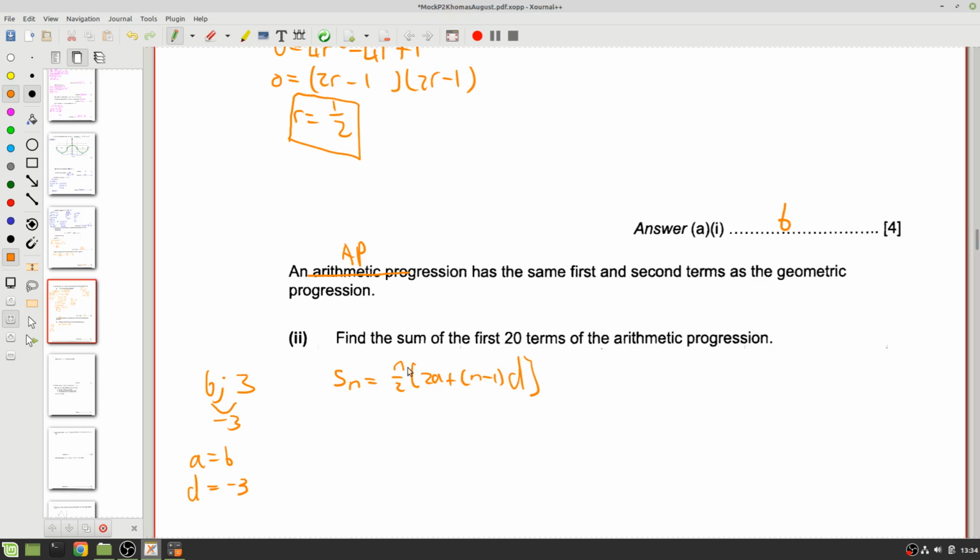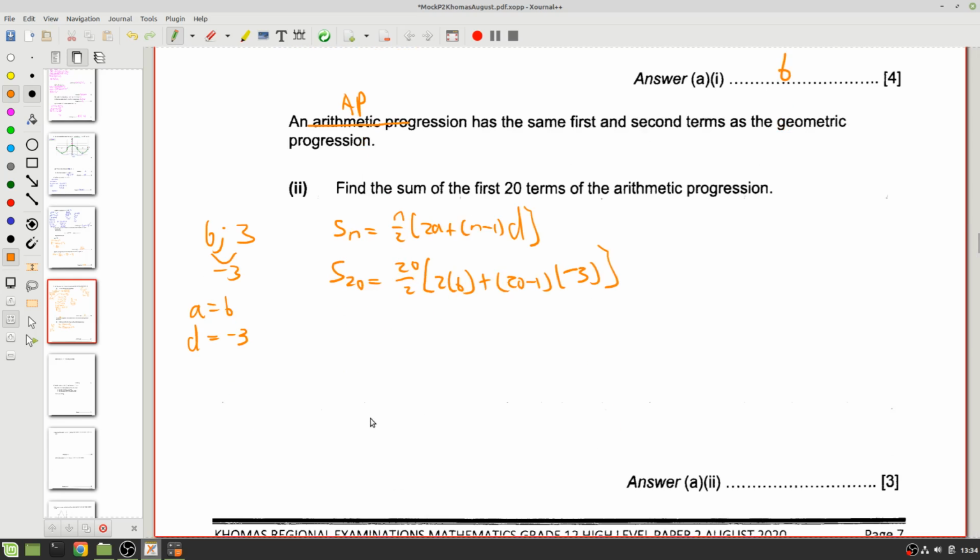Alright, so we have to find the sum of the first 20 terms, so we can do S20. So S20 would be 20 over 2 times 2a, and we know a is 6, plus n minus 1. We know n is 20, so it's 20 minus 1, times the common difference we found, which is negative 3.